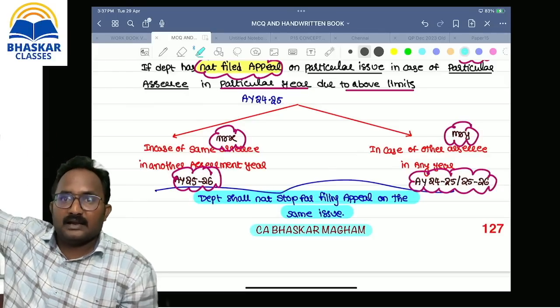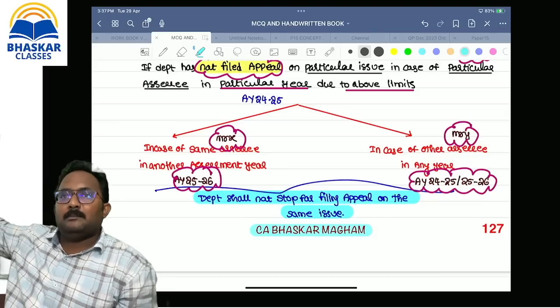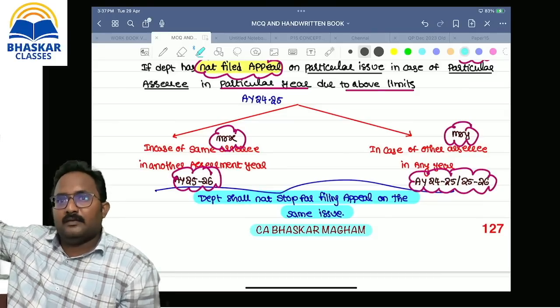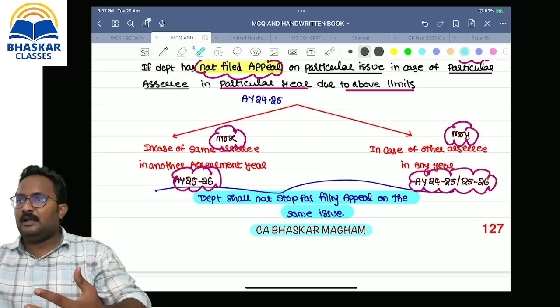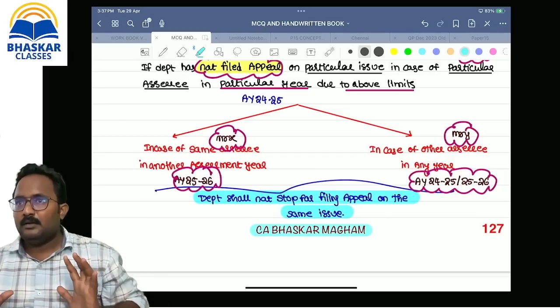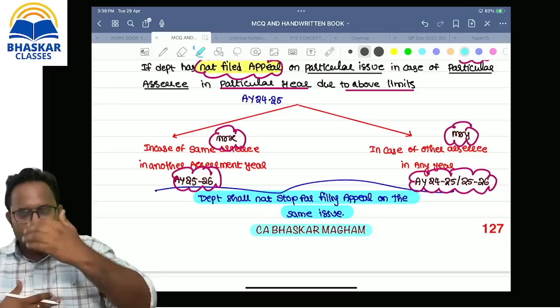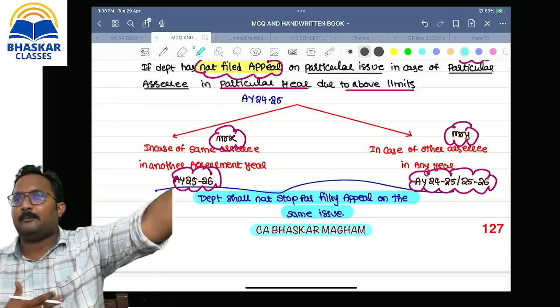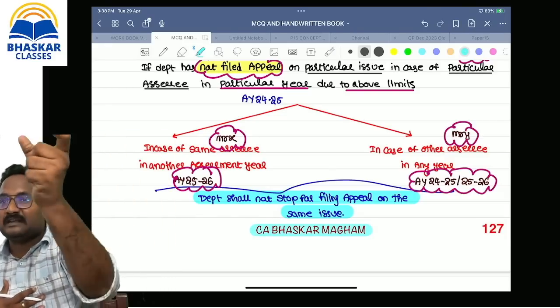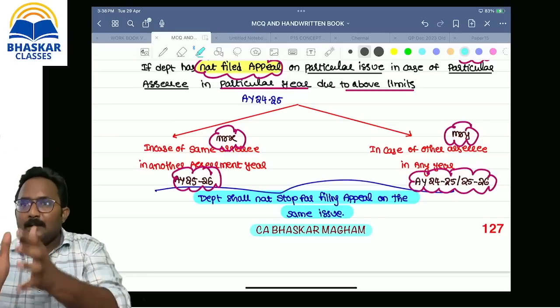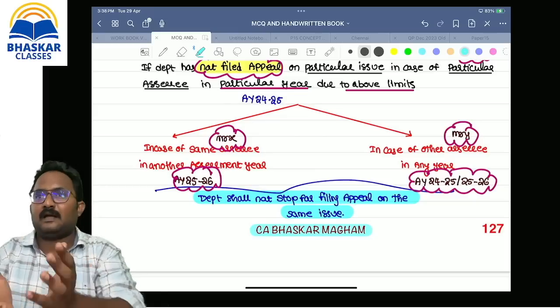We can refer to one workbook, Alpi and Palki. These sisters are doing the same thing. The CIT gives the order for Alpi in favor of Alpi only. The department wants to make an appeal before the ITAT, but is unable to because of the 268A limits. Next year, both Alpi and Palki do the same things again in the coming years.